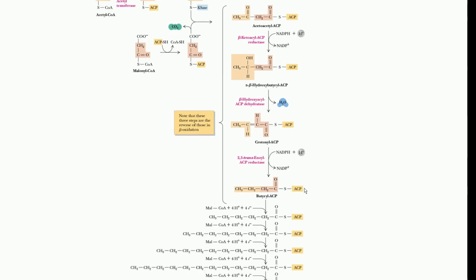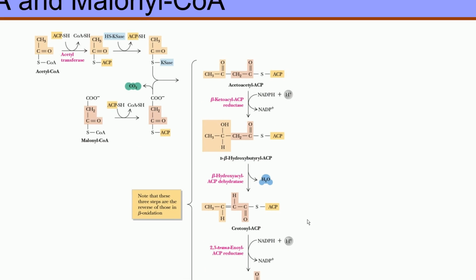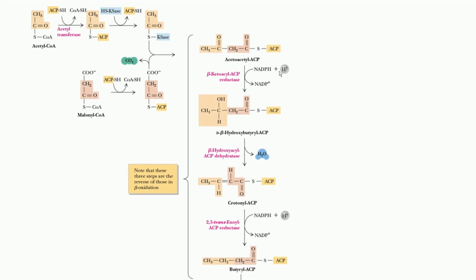So let me get it big. So here you can see this is acetoacyl ACP. Here actually reduction is taking place, which means NADPH is giving the hydrogens. So this is a reduction reaction, and it's taking place with the help of this enzyme. So the hydrogens are being added in this step. One is added here, another is added here.